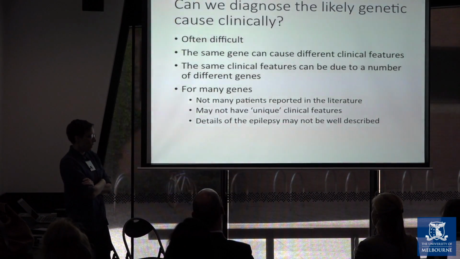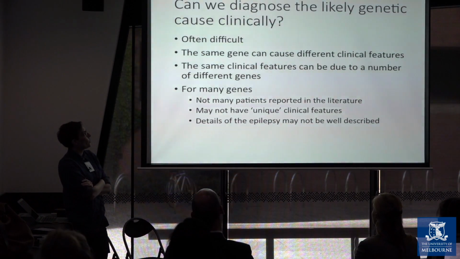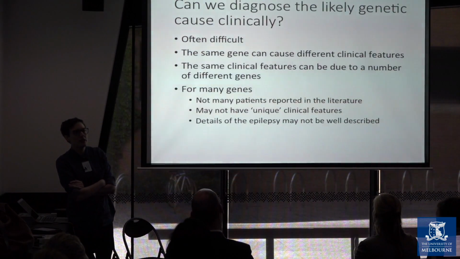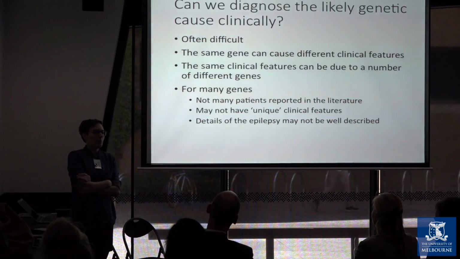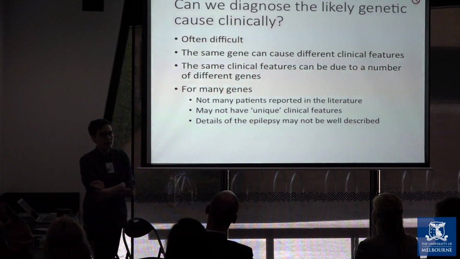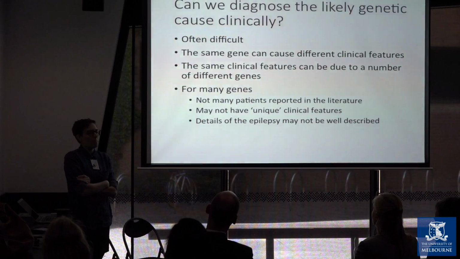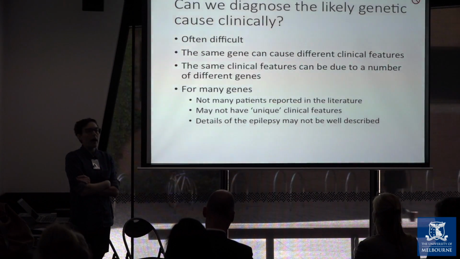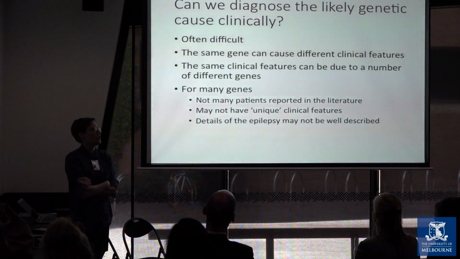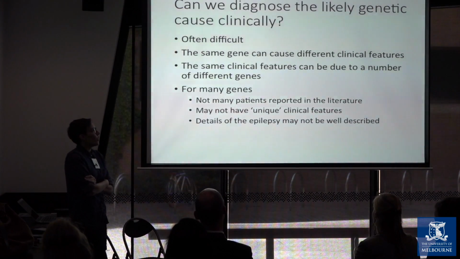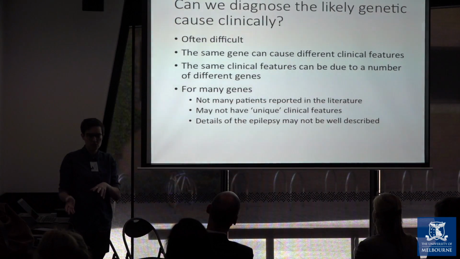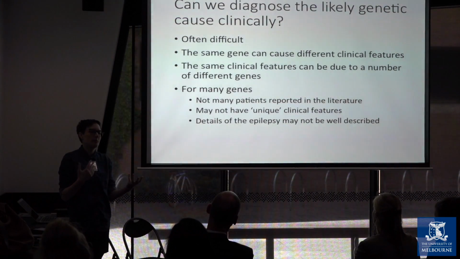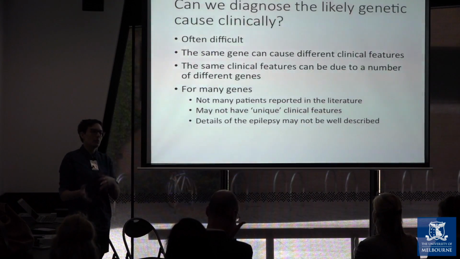So until not too long ago, we didn't have a lot of access to genetic testing, and we didn't really have techniques that looked at more than one gene at once. And we were heavily reliant on our clinical skills, and I think we still are and should be, but things have changed a little bit. And I think with the advent of understanding the genes, we also now understand the conditions better, because you can look at larger groups of children with the same disorder and understand the things that are similar and different.